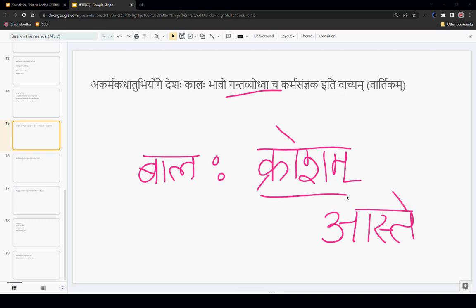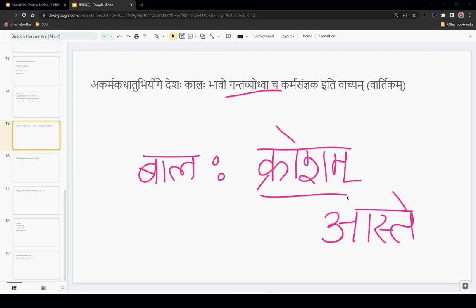If you want to bring that meaning, you can use this kind of prayoga: Balaha krosham aste, Balaha yojanam upavishati. It means during the movement, he is doing this kriya every krosha, every mile. So I think now you understand the meaning of this vartika.